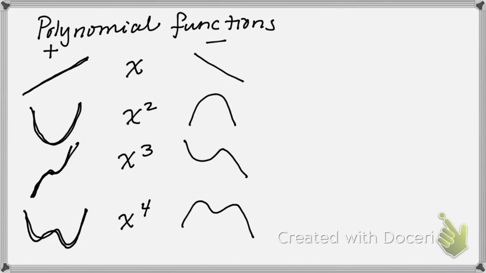So each of these is a different type of polynomial function. And just by knowing its degree and whether it's positive or negative, we have an idea about what it looks like.